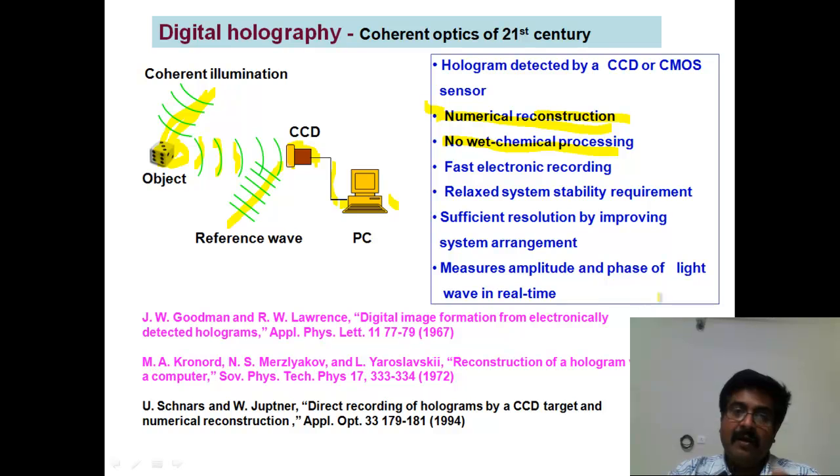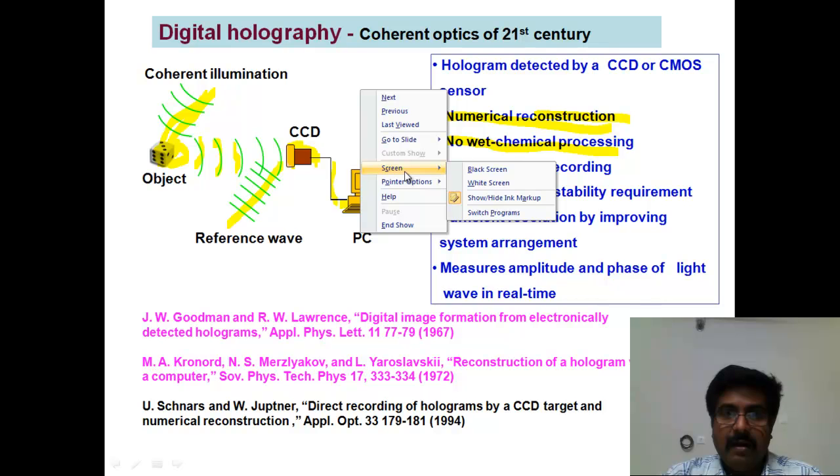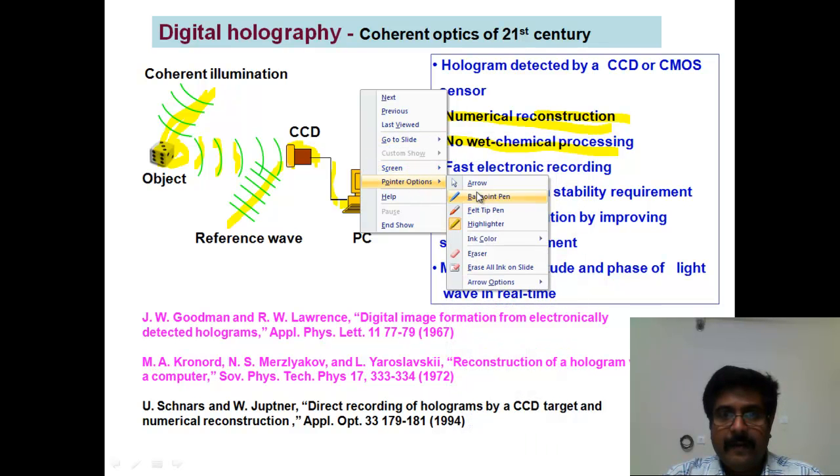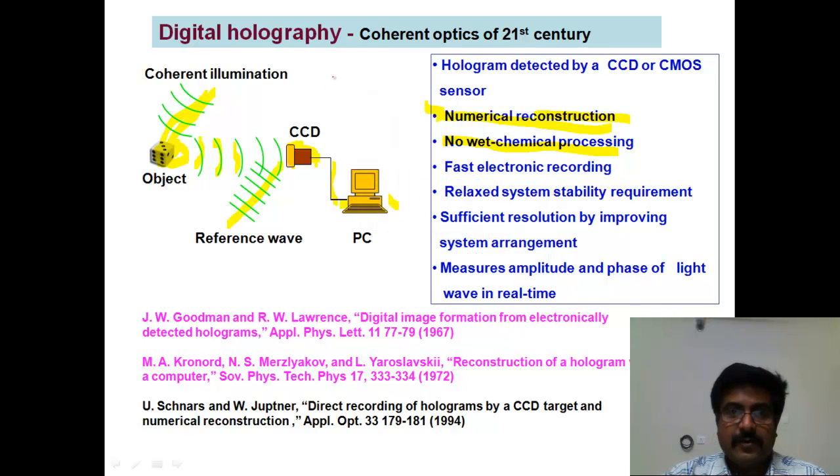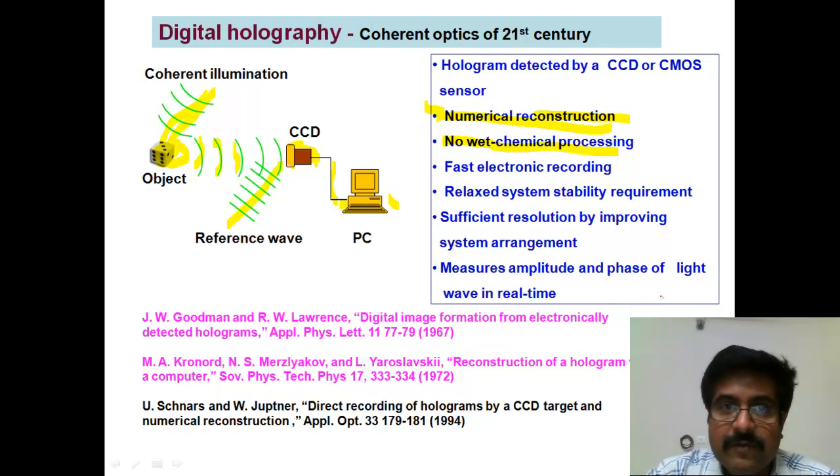And after reconstruction, what do we get? As I told, after reconstruction we have a complex image, which is of the form A plus iB.